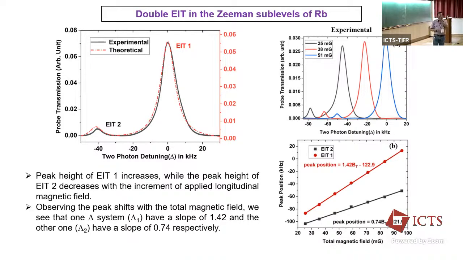Okay, fine. But then we thought, since we got one free, why not try to understand why we got this for free? Because there was no advertisement as such. So we tried to do some spectroscopy of that. We wanted to find out what changes occur in this double EIT system if we change the magnetic field.